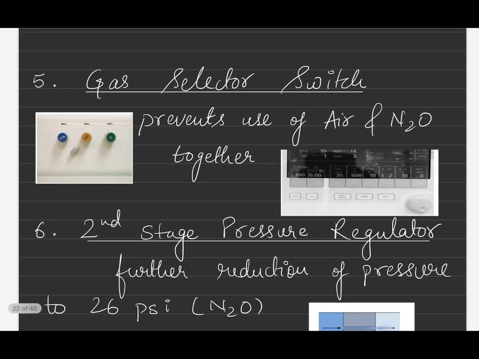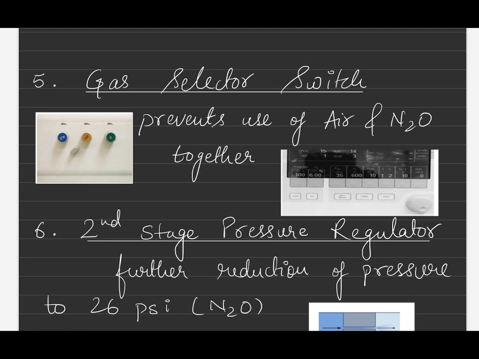After this, we will be discussing the gas selector switch. The gas selector switch may be present or may not be present. It prevents use of air and nitrous oxide together. So there is a switch. The direction of the switch decides which gas will be used along with oxygen.